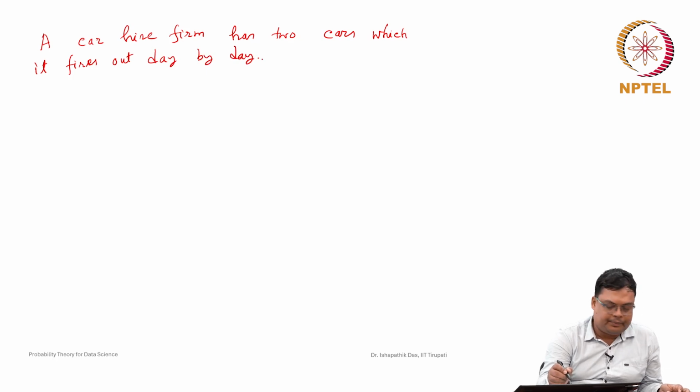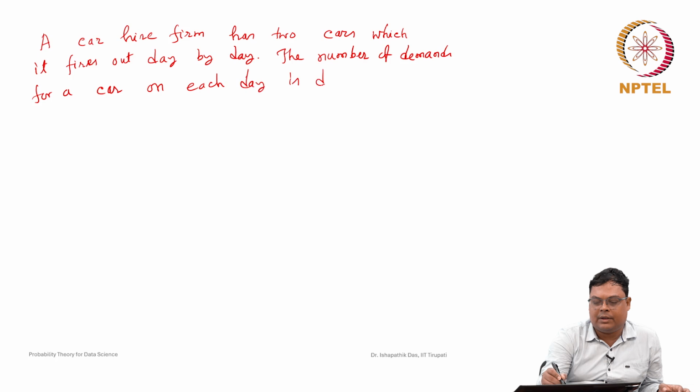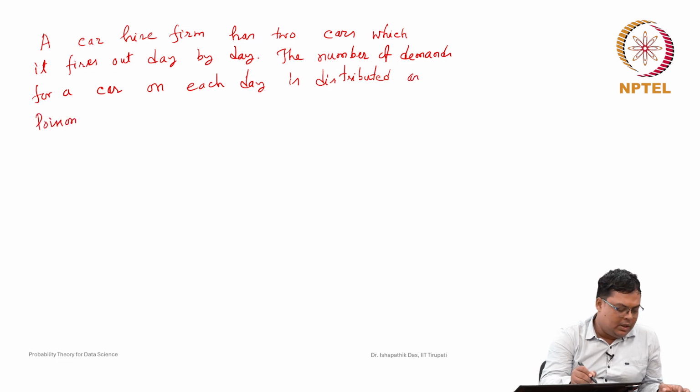The number of demands for a car on each day is distributed as a Poisson variate with mean 1.5.